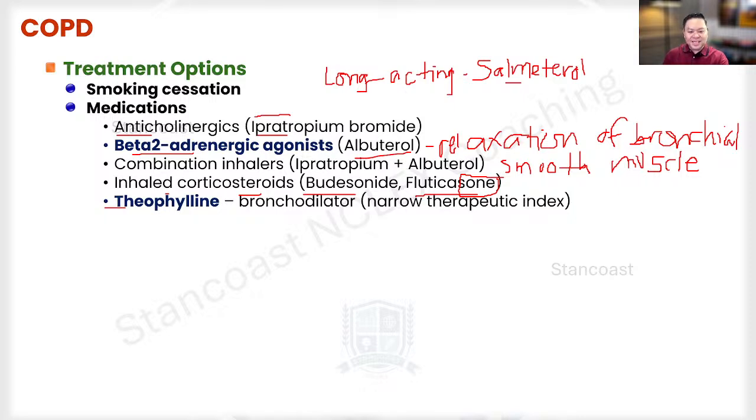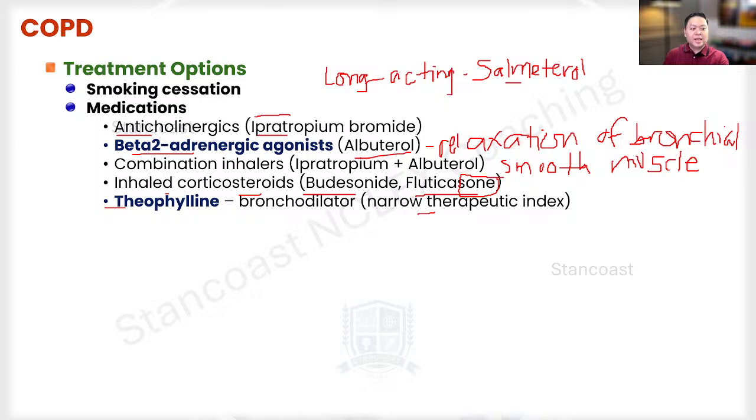And this is somewhat controversial in the most recent modality because of its very narrow therapeutic index. Okay, so it simply means that this medication can have so many side effects. And so the popularity for this medication is actually going down because of the side effects that patients have been complaining about. But again, this still can be used.